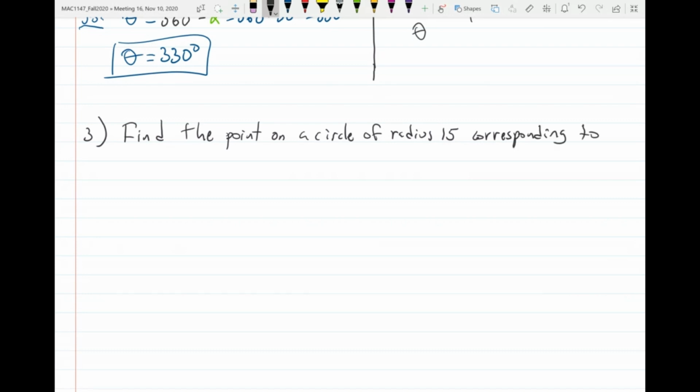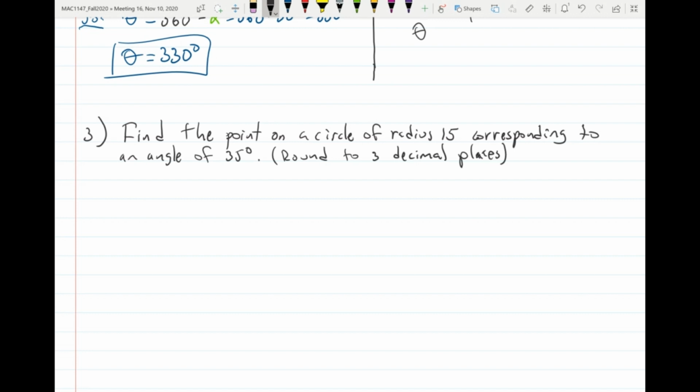And let's round to 3 decimal places. In other words, we should be using calculators for this. Round to 3 decimal places.